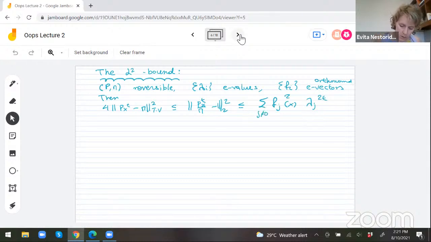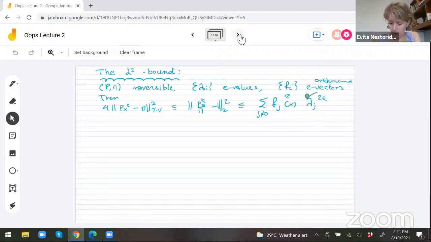Okay, so here these are all the eigenfunctions but the first one, evaluated at the starting point. And here are all the eigenvalues but the first one. So if we take a moment to notice what this right-hand side says, if we are in the case where all the eigenvalues are strictly between -1 and 1, that is when the Markov chain is aperiodic and irreducible, these numbers are strictly less than 1.